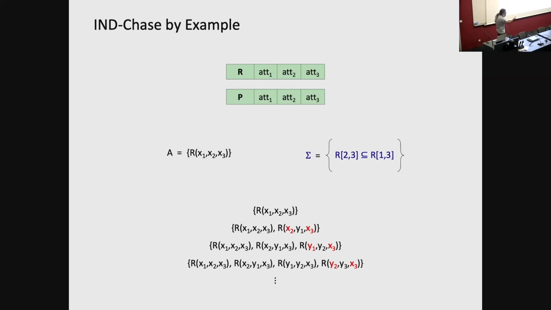We will have to apply it again, and the variable in the first position there will be y1, which appears in the second position, and the third variable will be the variable in the third position of this atom. So it's y1, x3. But again now, this atom will trigger again the same inclusion dependency for exactly the same reason, and we are forced to add this new atom, and there is no way to stop. Please.